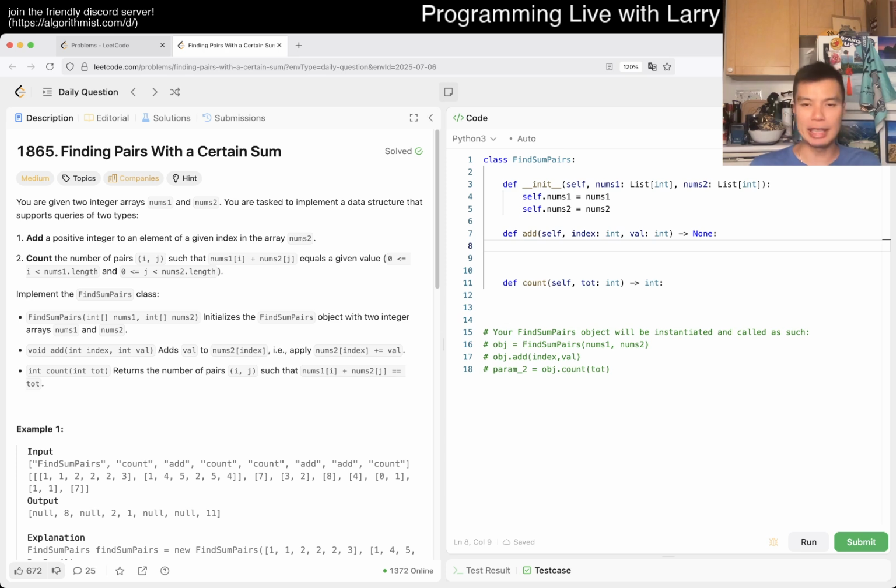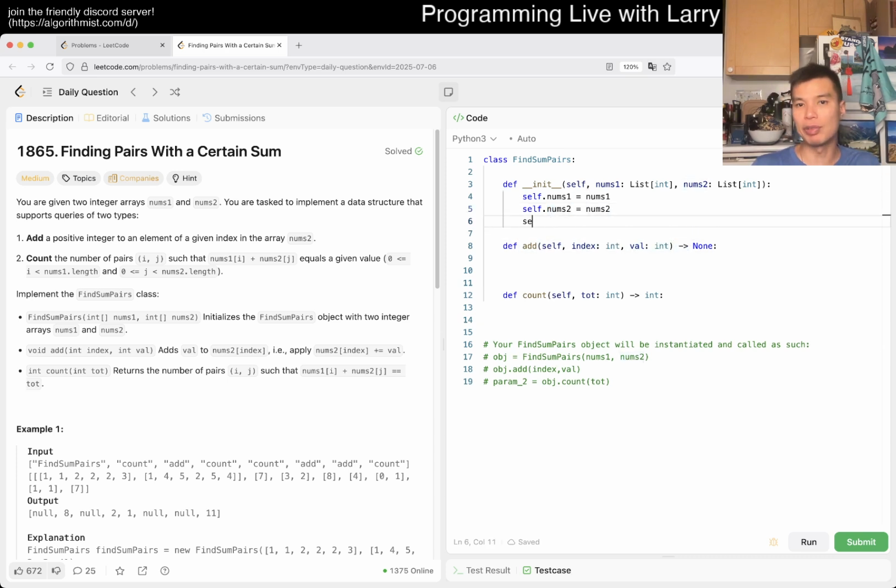There's still something interesting here for sure, though. I'm still trying to figure out if I could do even better. But the idea here is that for nums2, we actually don't care about the values, except when it comes to adding, right? What I mean is that we only really care about their frequency. So maybe you want to write something like that, because then for each number in nums1, you can do a lookup in what nums2 has to be.